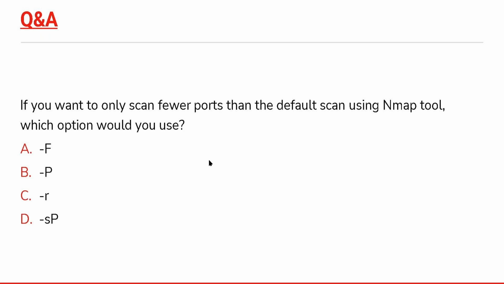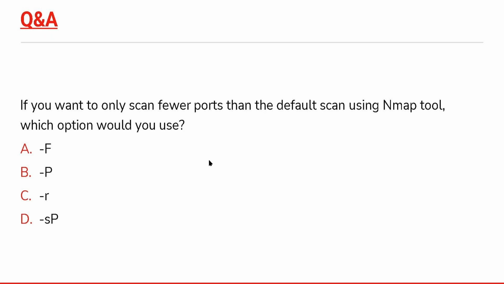Then we have option D, which is used for performing the ping scan. Out of them, we only have option A, because that is what helps us look for the fewer number of ports.